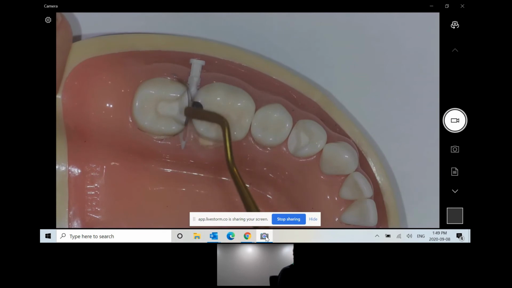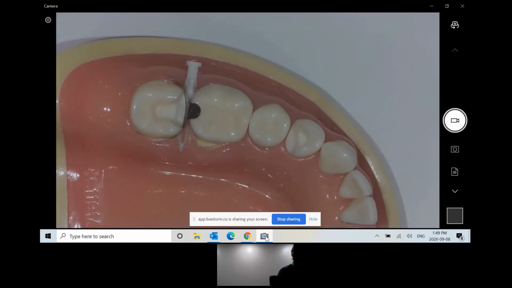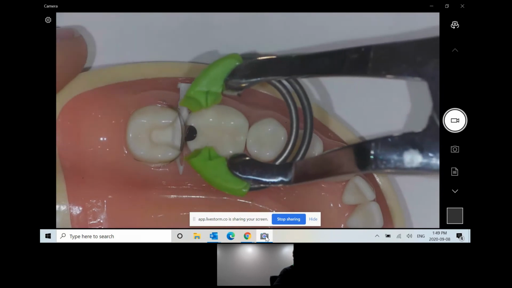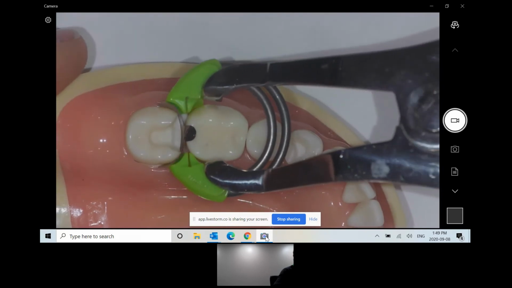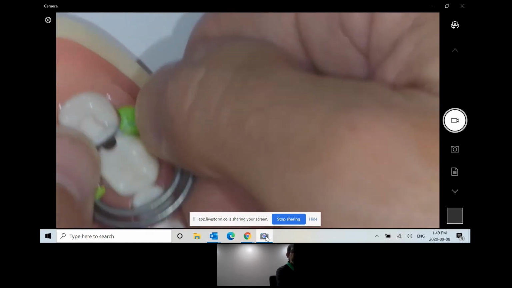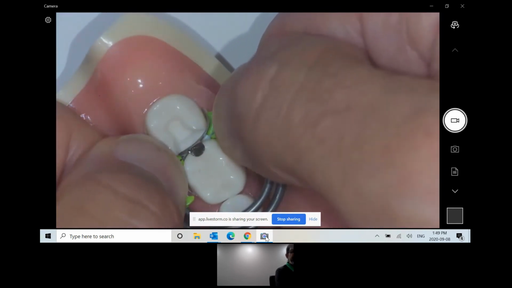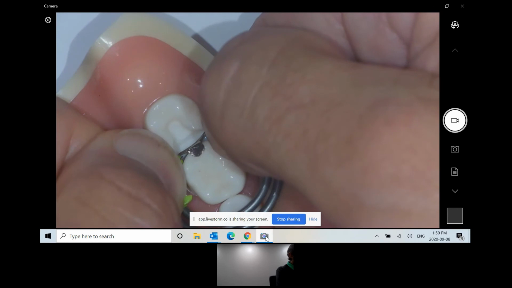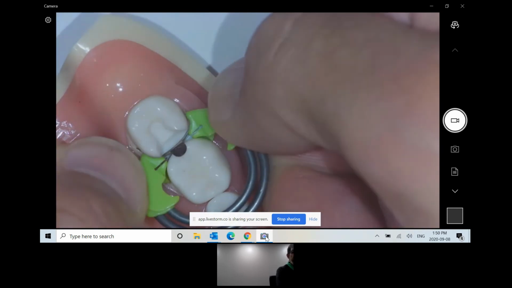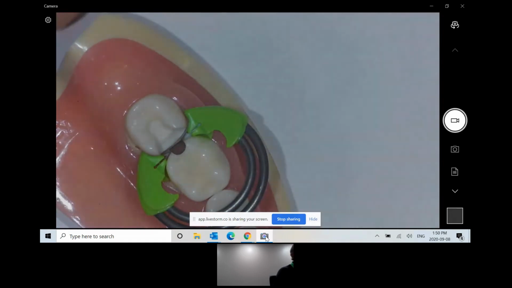So it's going to seal the matrix band well past the proximal line angles, and then we come in with the ring at a 90-degree angle. It's designed to sit on top of the wedge. And then always, always, always take our thumbs and press down to make sure it's seated properly and is not going to pop off.